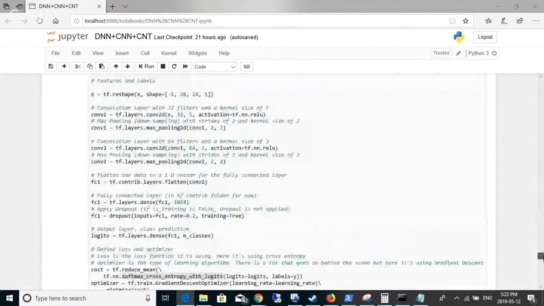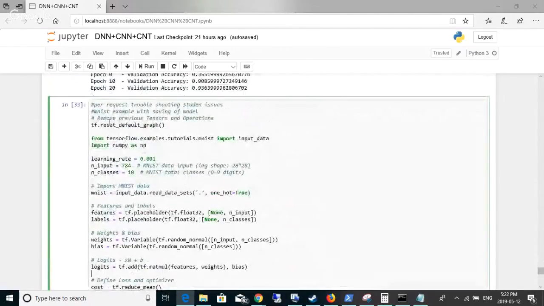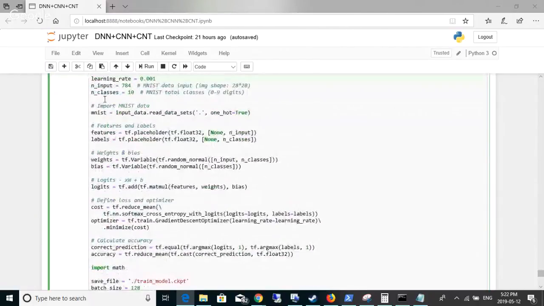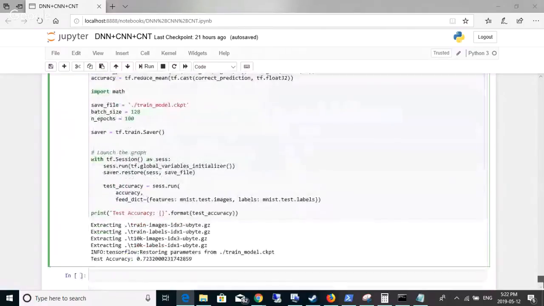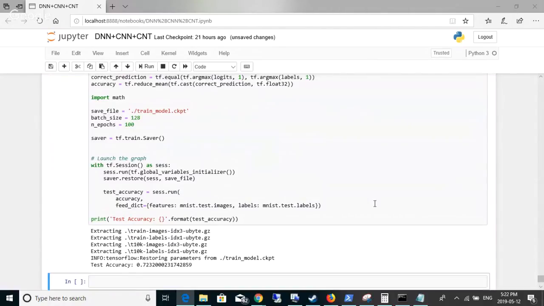I still have the pickle file here locally. So what I did here was reset the graph and redefine everything. I probably don't really need a learning rate, but you get the idea. Everything here is redefined, and then I restore it, and I'm able to use it. I can do a quick run, it loads everything, and it's able to use it.